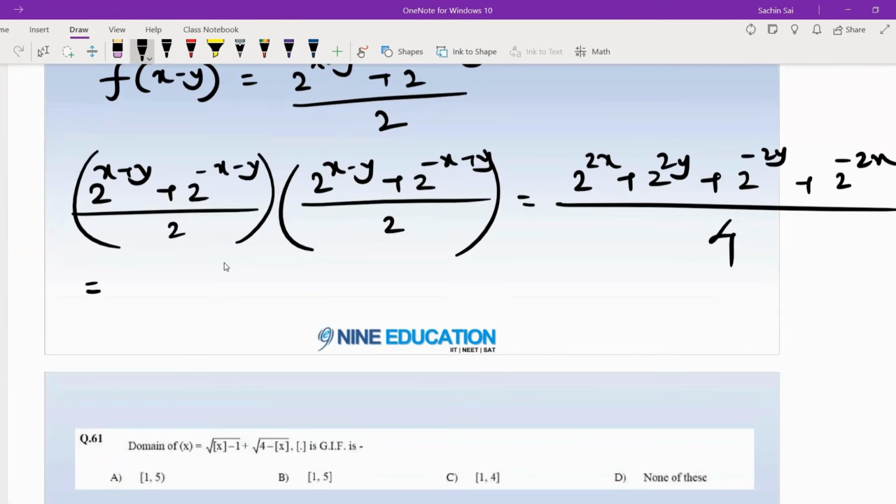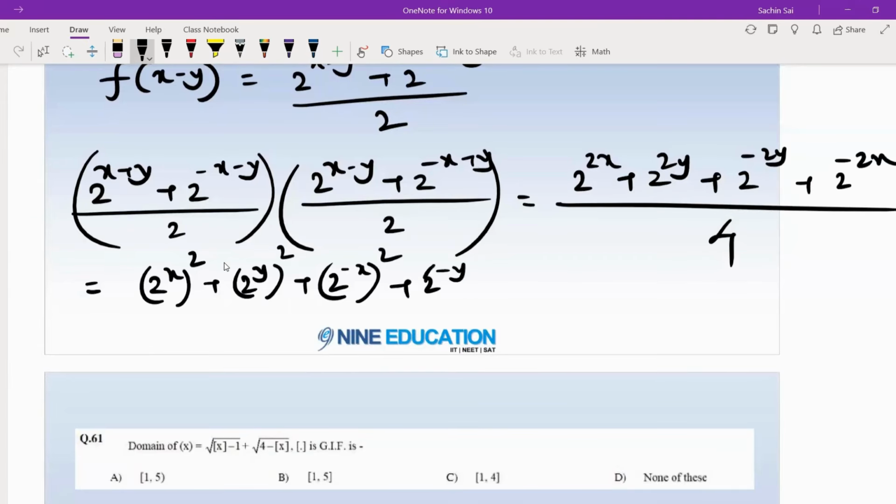So this can be written as (2 power x) whole square plus (2 power y) whole square plus (2 power minus x) whole square plus (2 power minus y) whole square, whole divided by 4.